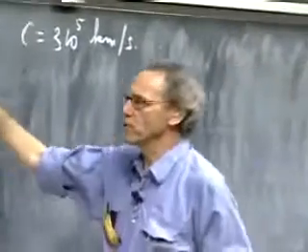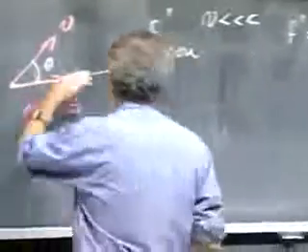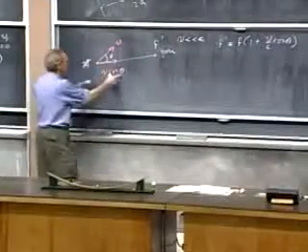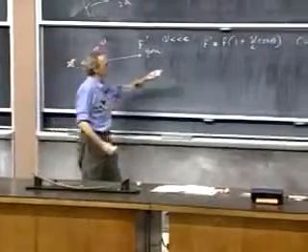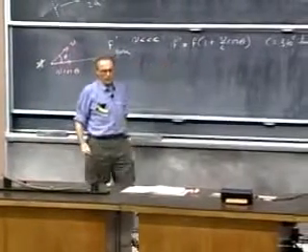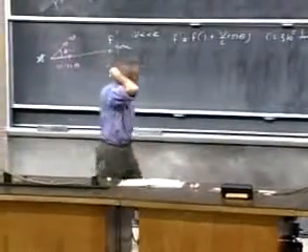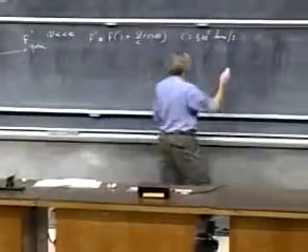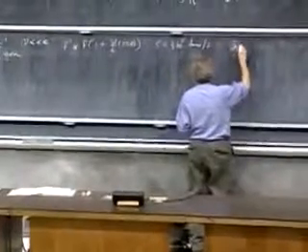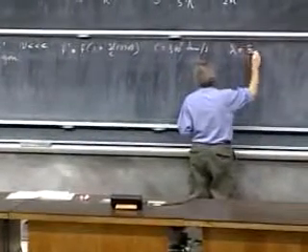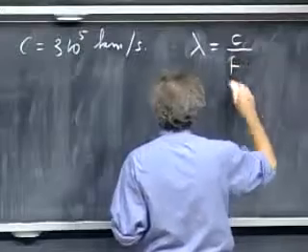If cosine theta is positive, the object is approaching, and you observe a higher frequency. If cosine theta is negative, the object is going away, the radial component is away from us, and the frequency is lower. In optical astronomy, we cannot measure frequencies, we can only measure wavelength. And the connection between wavelength and frequency: lambda equals the speed of light divided by the frequency.